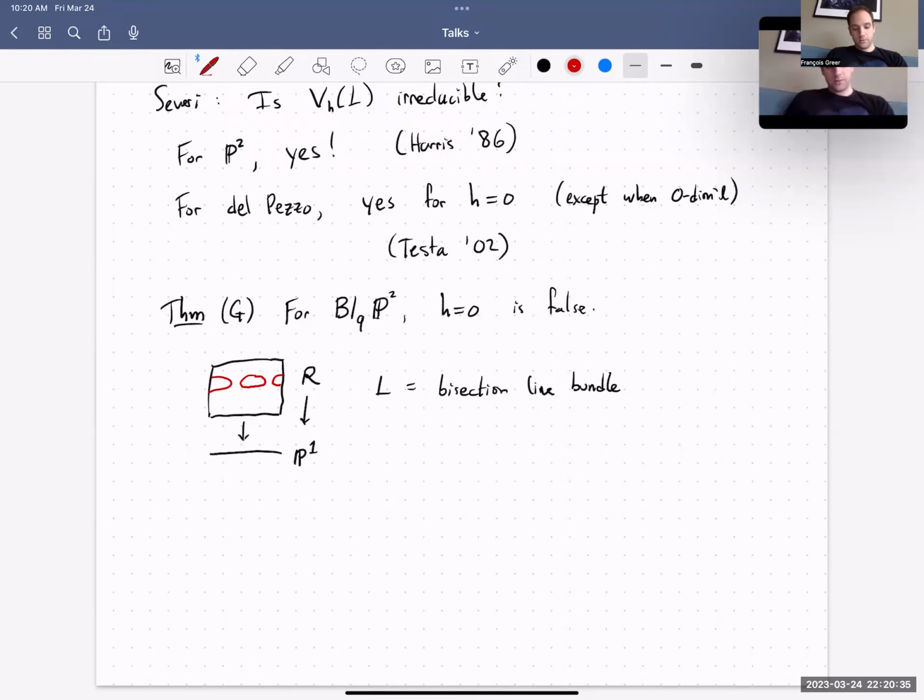And so the Severi variety in this case is actually a curve if you do the numerics. So V_0(L) is equal to a curve, and points in this Severi curve correspond to elements of the linear system that are rational curves. So they have a bunch of nodal singularities. Okay.